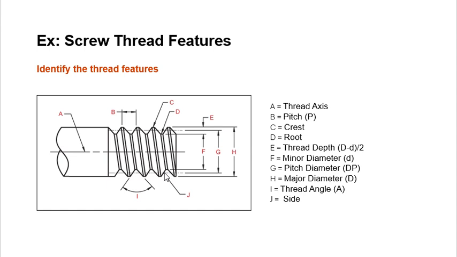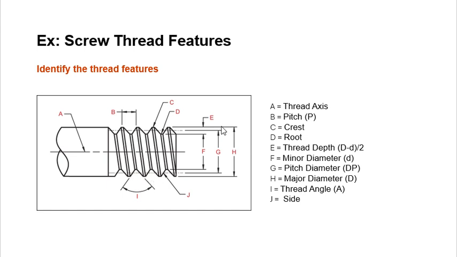And then we have the thread angle right here, and this is just showing you the side. This is supposed to be right here, so that way you can see a little bit better. Anyways, the I is your thread angle here.